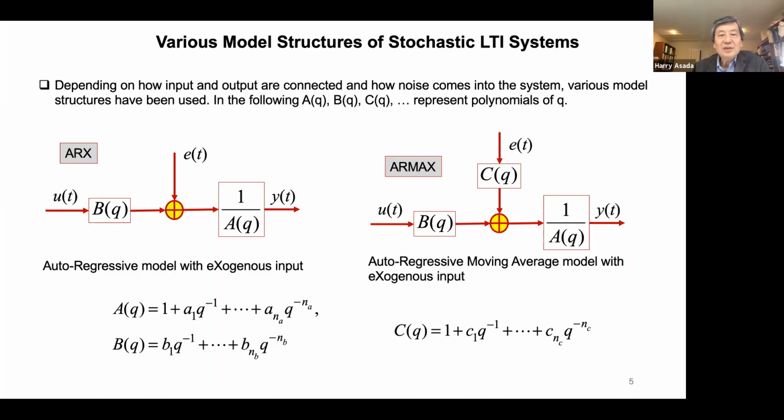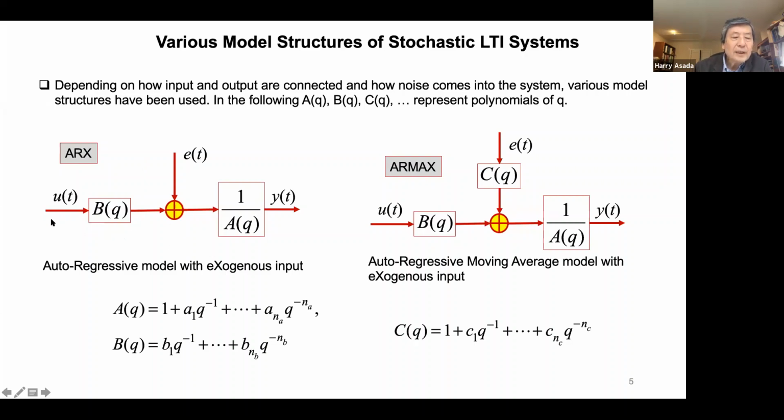Here we have A, B, C, and these are all polynomials with a finite number of parameters, say A(q) is 1 plus a1 q^-1, where q^-1 is the time shift operator, and so on. The first one is called the autoregressive model with exogenous input, the ARX model, shown here.